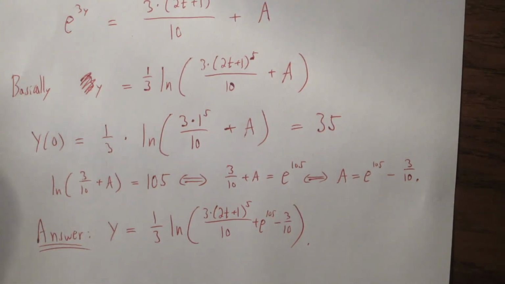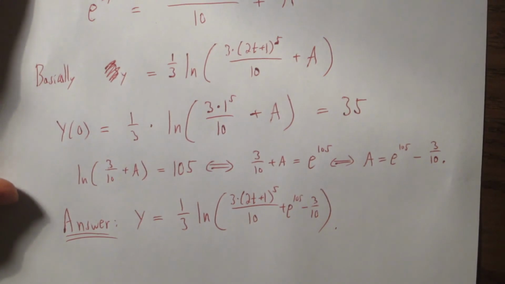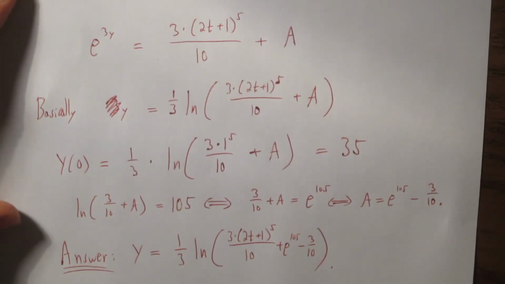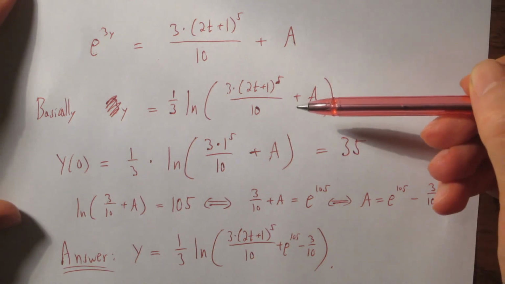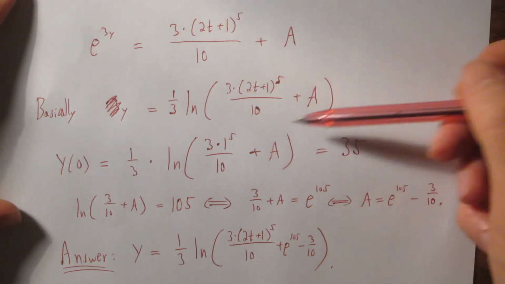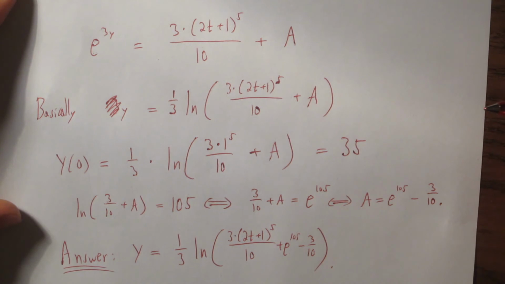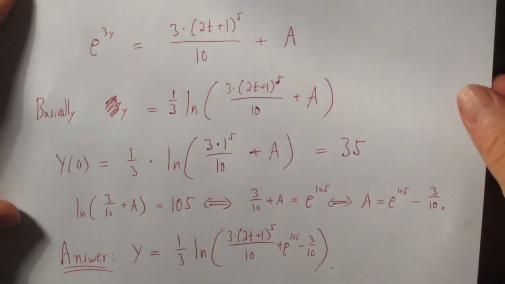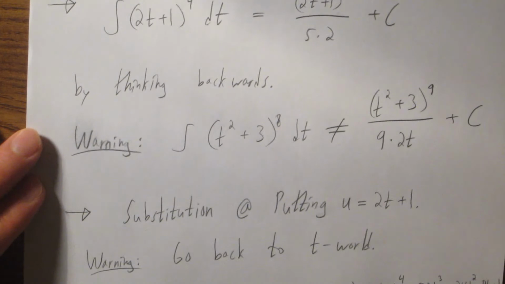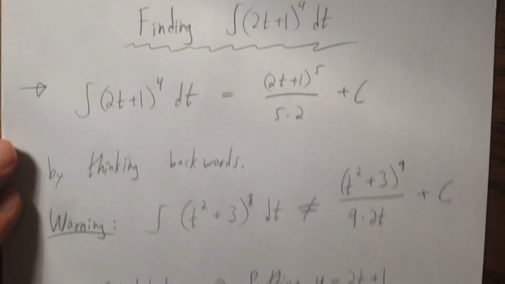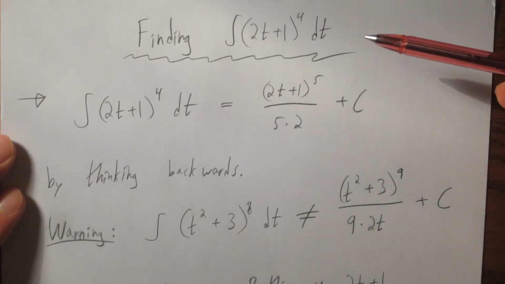One very minor comment is that this function actually works. We are allowed to go from here to here because the thing you're taking ln of is positive. One other side note is here we worked backwards to find the indefinite integral of (2t plus 1) to the power 4.